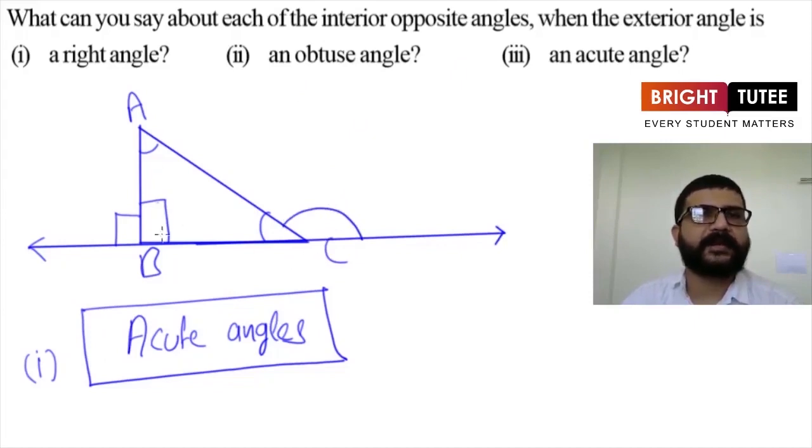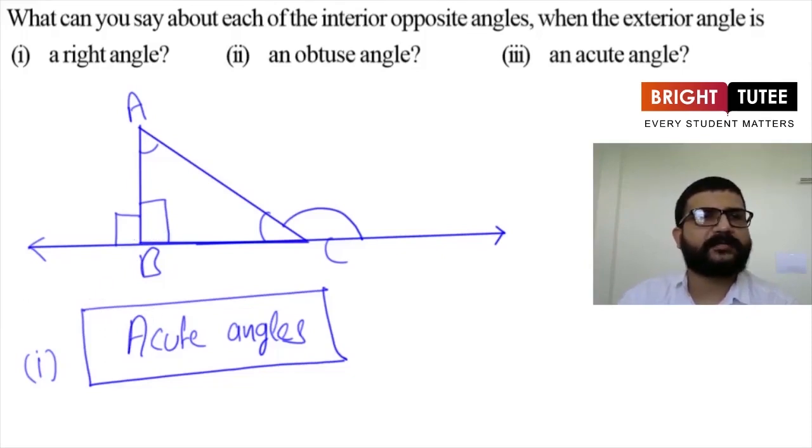Now what can we say about the interior opposite angles? Here we have one angle as acute and one angle as right angle. So will it be the condition every time? No. We can have both the angles as acute angles also.